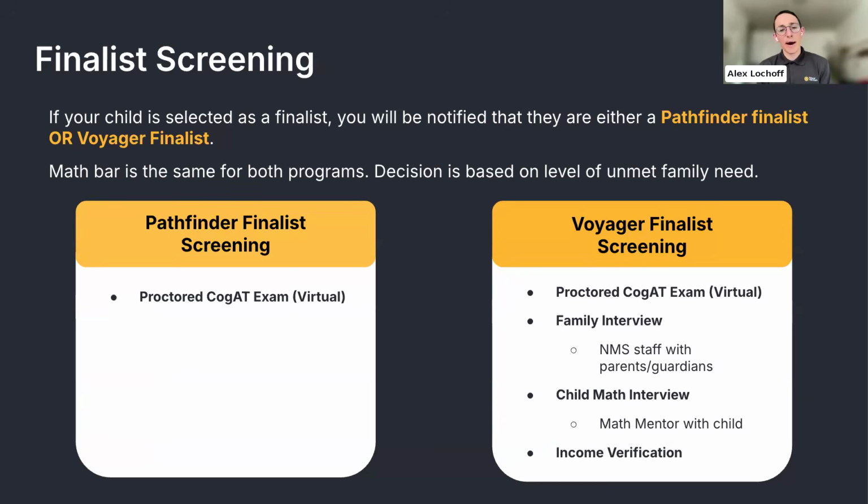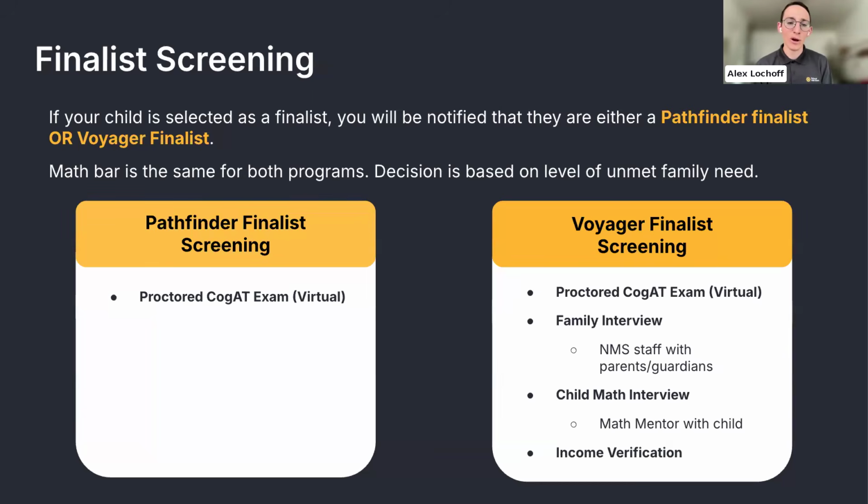If you are in consideration for our Pathfinder program, the only thing you need to do as a finalist is complete a proctored virtual COGAT exam that we administer with Northwestern University's Center for Talent Development. If you are a finalist for a Voyager program, there are a few more steps. In addition to that same proctored COGAT exam, we also have a family interview where parents, you will interview with our staff.